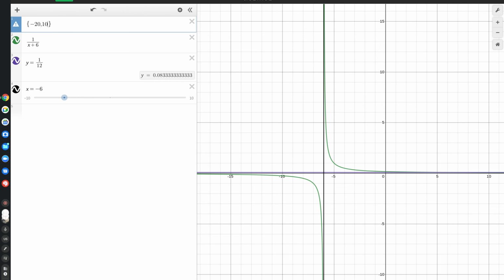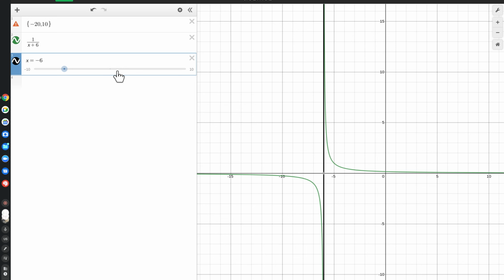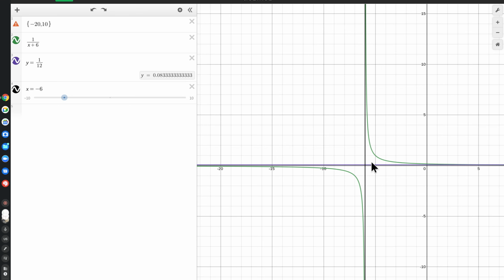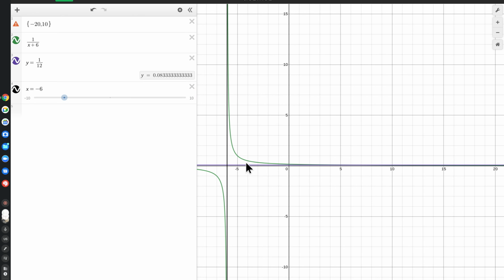That is now within the range of -20 and 10. Therefore, you cannot use IVT to prove this. And as you see here, right here at x equals -6, we have that large jump from -infinity to infinity, and that's why this does not work.